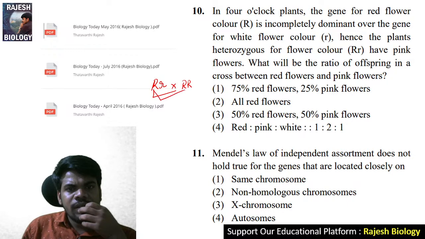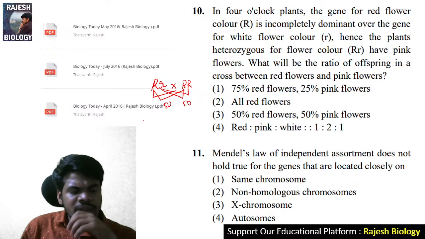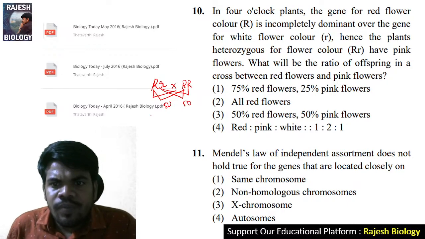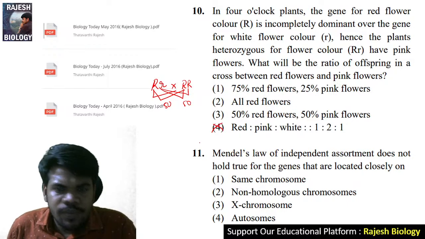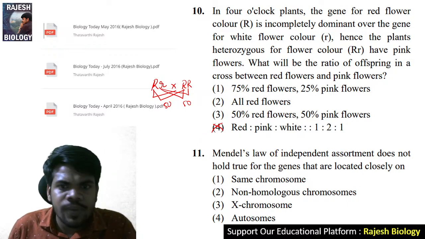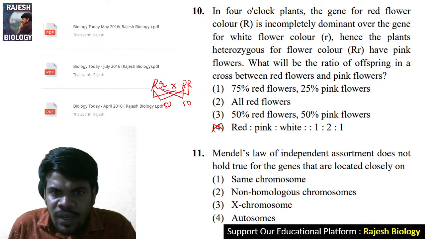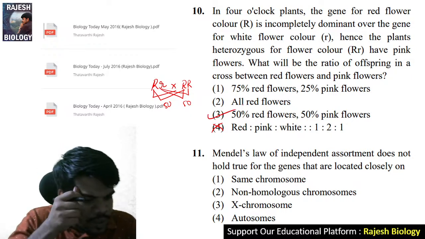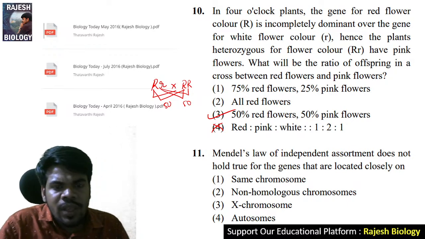Red, red, pink, pink. So 50% red, 50% pink. White is not formed. The 10th one is not option 3, Jnaneshwari. It is 50% red flowers and 50% pink flowers. Very good, Chandrika. Come to the 11th question.